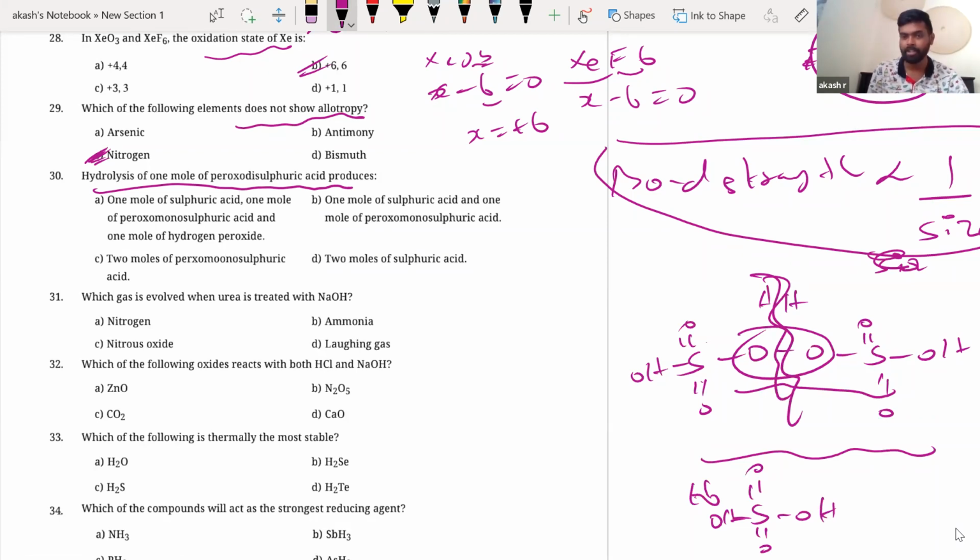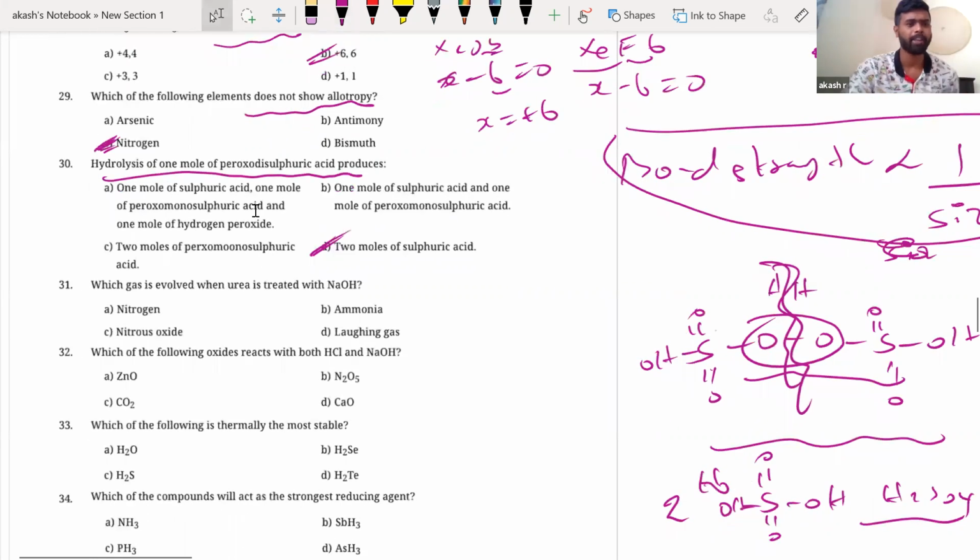Very simple, right? So I would have formed 2 moles of sulfuric acid, H2SO4. So the correct answer would be 2 moles of sulfuric acid. All you have to know is the structure, break it in between and put H on both sides, and you end up with sulfuric acid.